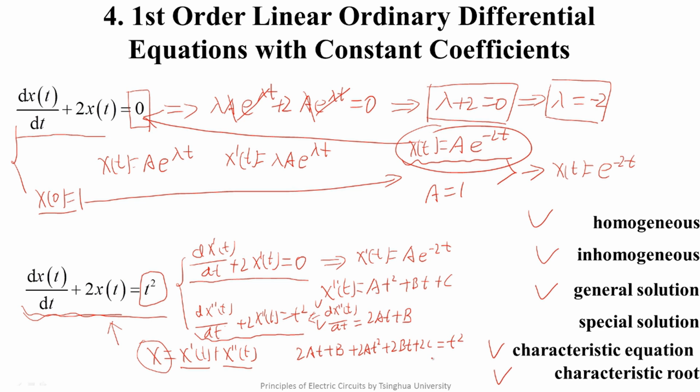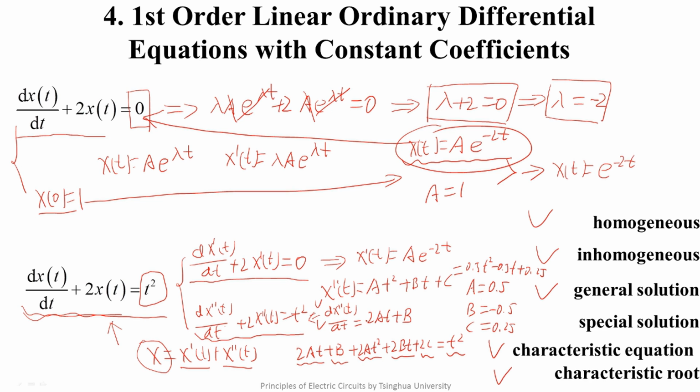By comparing parameters, we know that a is 0.5. Similarly, b is minus 0.5, and c is 0.25. So we get that x double prime t is 0.5 t squared minus 0.5 t plus 0.25.